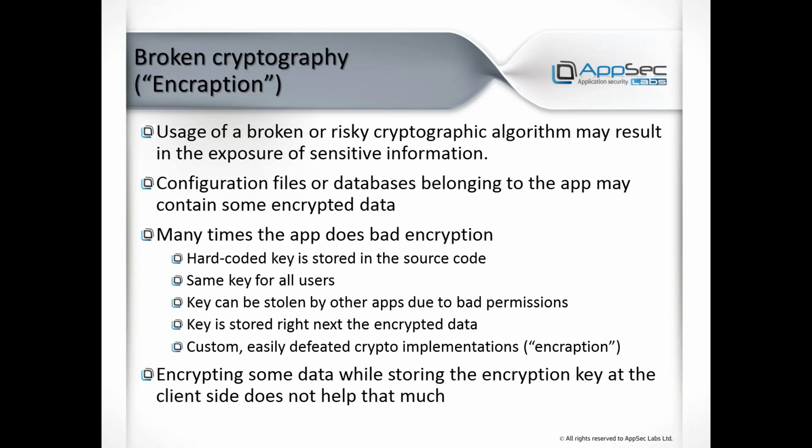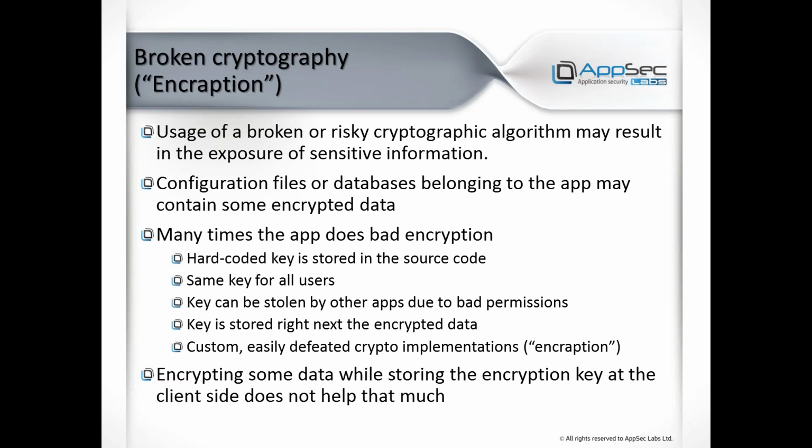For example, hard-coded keys stored in the source code that can be easily decompiled. Same key, for example, which is used for all of the users. If one of them is the attacker, he can use the same key, and he knows that the same key is shared by other users, so he can just break it.